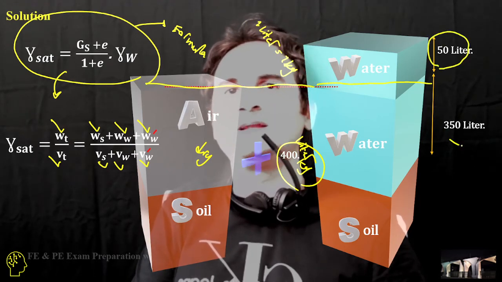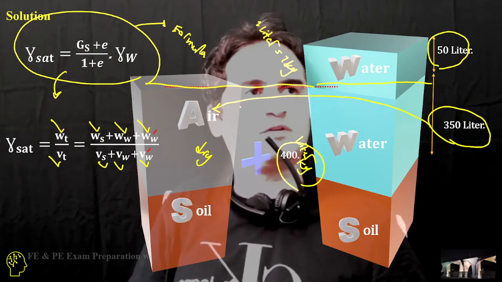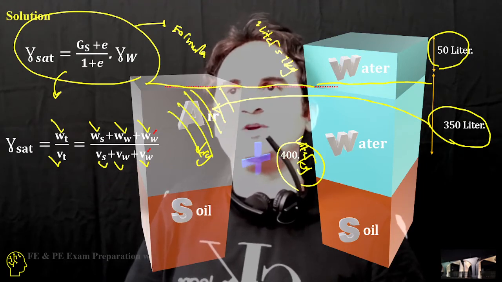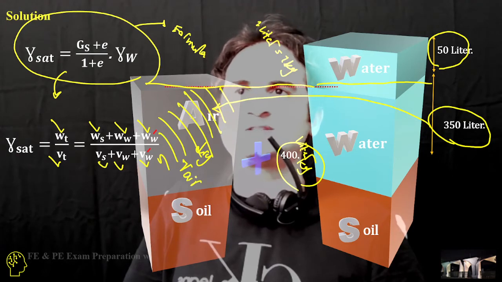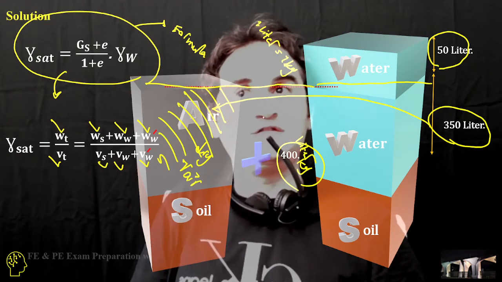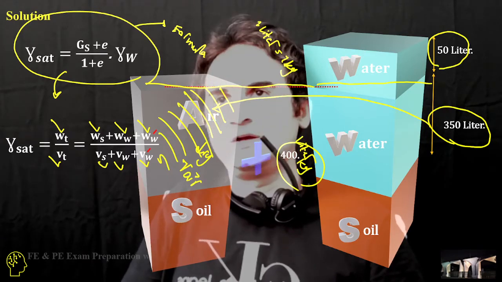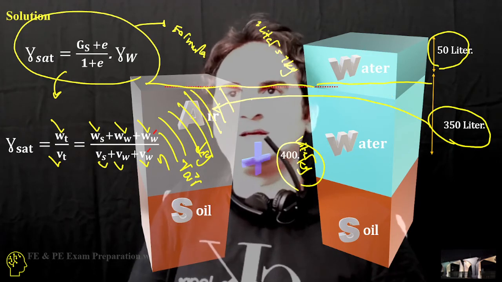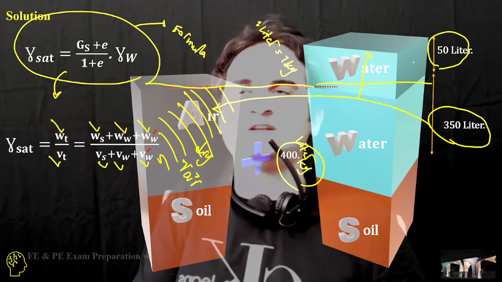So the first 350 liters of water fills the void, the volume of air. There was this much air capacity of handling 350 liters of extra water. Then as soon as it's saturated, it goes up by 50 liters.